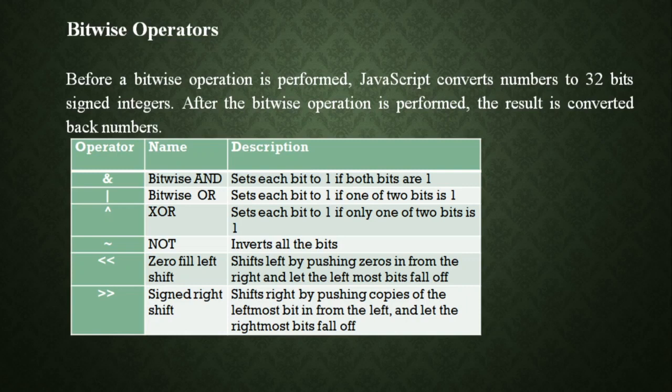And the next one is signed right shift. It shifts right by pushing copies of the leftmost bit in from the left and letting the rightmost bits fall off. If I am using left shift, it will shift towards the left, and if I am using right shift, it pushes the values towards the right.